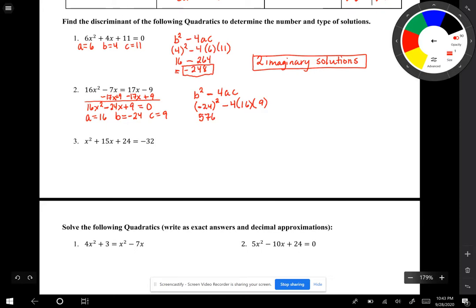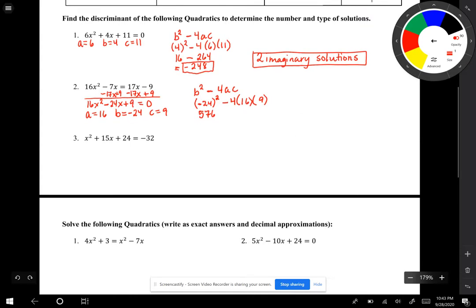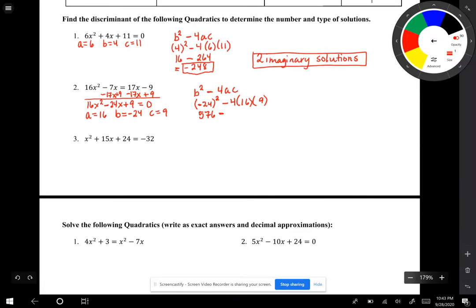And then I multiplied 4 times 16 times 9 in whatever order I wanted. So I did 64 times 9, which is also 576. And 576 minus 576 is equal to 0. So your discriminant is 0. Therefore, you have one real solution.